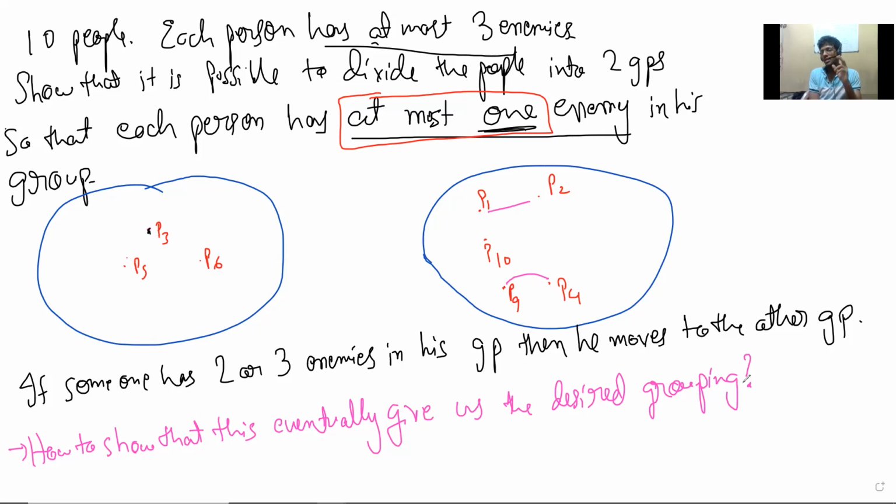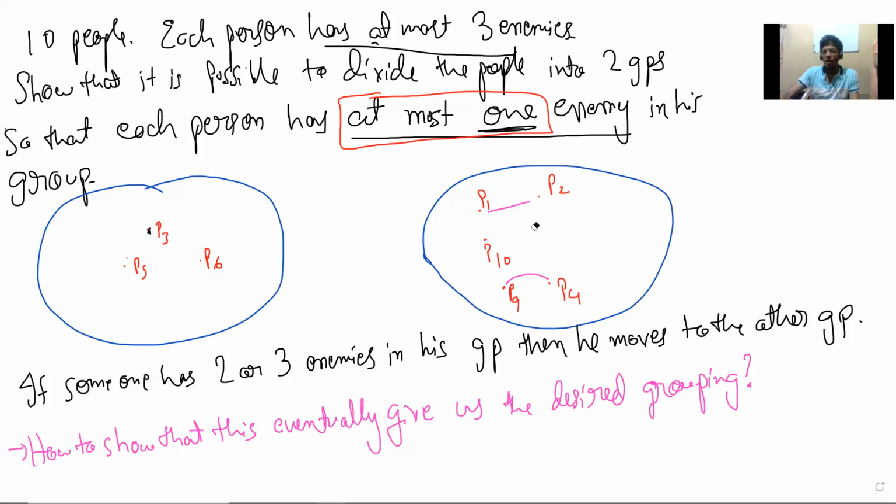Yeah, I mean that's very easy. That assumption makes it easy, but that assumption is very special. That two people don't have enemies at all. So I mean, you could still make it work. Like, so there are 10 people, the 3 enemies. You can take 3 enemies for everyone and try to make a graph, and then try to do it.